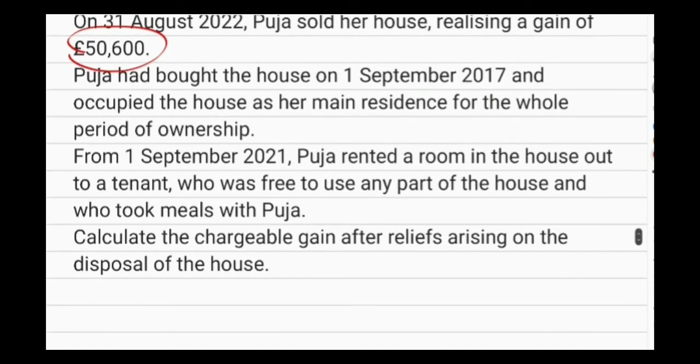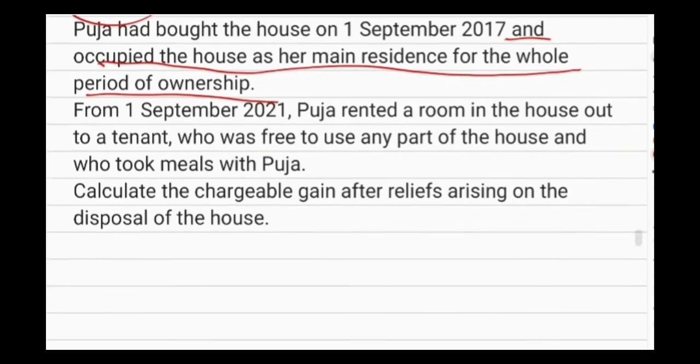Understand that if a tenant takes meals and shares accommodation with the owner, then there is no letting relief, there is PRR relief. For PRR relief, we consider the period of occupation and period of ownership. Here they are the same, because she occupied the house for the whole period of ownership. That is why the whole amount of gain is exempt.